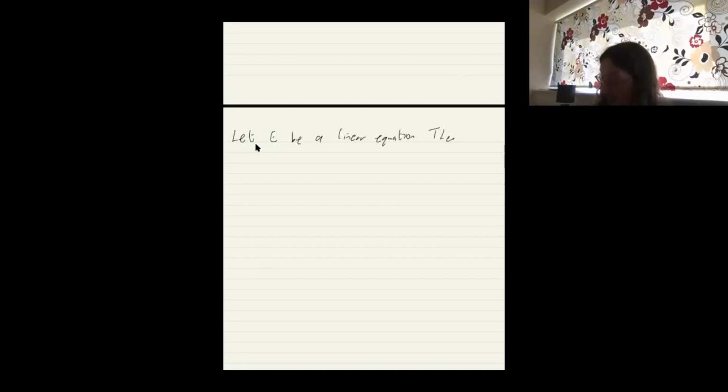Then the extremal number of n, E is the largest number of points or elements in a subset of 1 up to n containing no non-trivial solution to E.